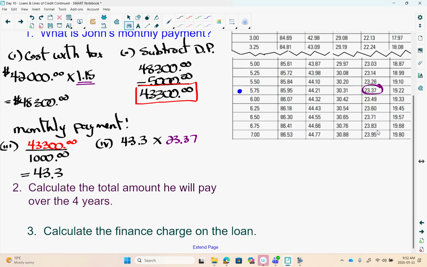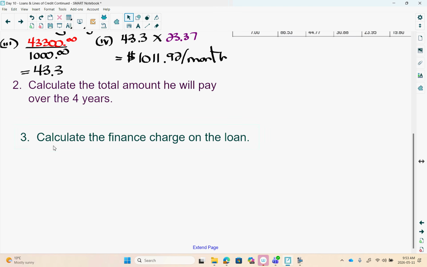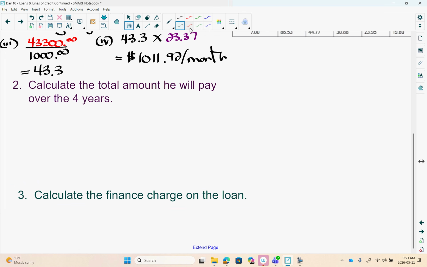All right. 43.3 times 23.37. How much is he going to pay a month for the car? That's right, $1,011.92 per month. So that's his monthly payment. What am I going to do in step 2? If I want to calculate how much he pays in total over 4 years. 4 years would be how many months? 48 months. Nice. How do you figure it out?